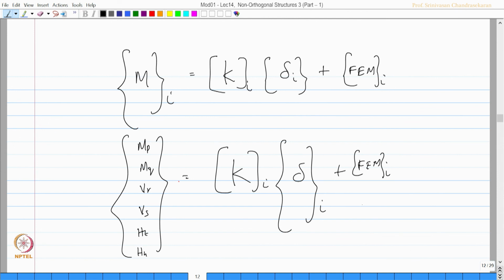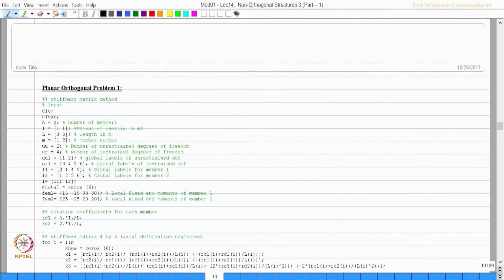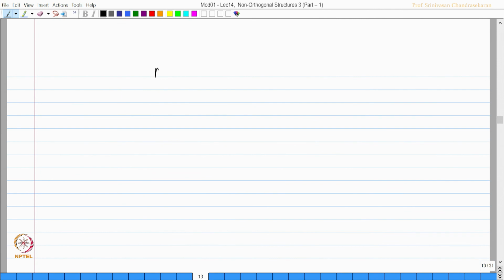But I am not interested in knowing m, I want to know m bar. So, m bar vector of the ith member is given by k bar matrix of the ith member multiplied by delta bar of the ith member plus fixed end moments of the ith member.